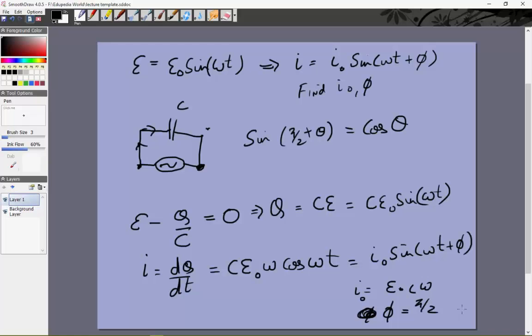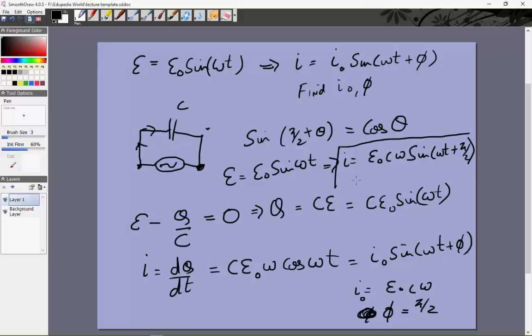So what this essentially means is, if we have E equal to E0 sine omega t in a purely capacitive circuit, the previous was a purely resistive circuit, this is a purely capacitive circuit, then it leads to a current equal to E0 C omega sine of omega t plus pi by 2. Now it's your job to convince yourself that this equation is exactly the same as this equation, right? E0 C omega cos omega t is the same as E0 C omega sine omega t plus pi by 2.